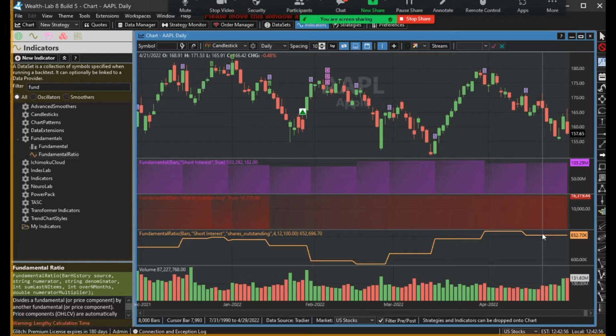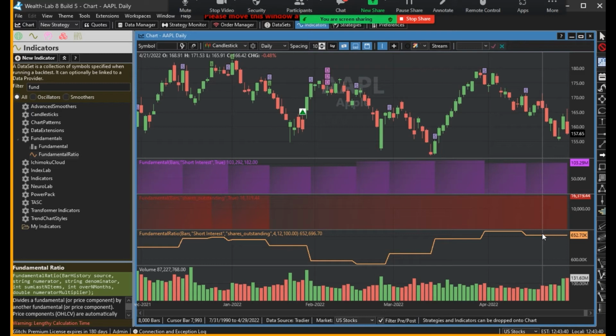Yeah, because I think that in order to do a short squeeze strategy, we'll need a series of indicators, and these indicators should be normalized. So just the number of short interest doesn't matter. What matters is the percent of short interest over total shares outstanding.